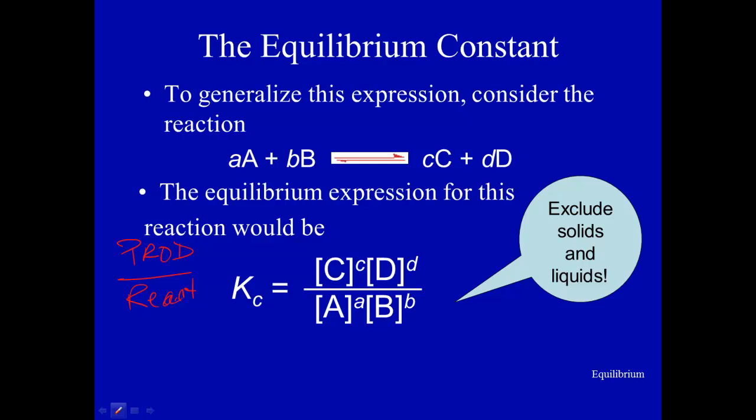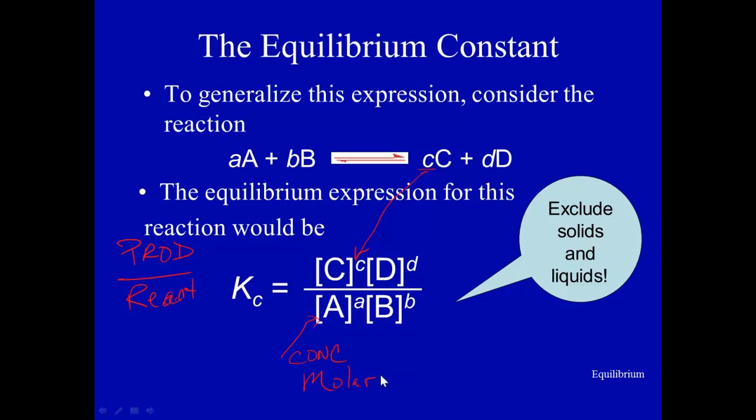In fact, it actually mathematically works out the same way, but I'm not going to get into it there. Now, notice we use the coefficients from the balanced equation, and those are our powers for our concentrations. Very important also, square brackets. Square brackets are an abbreviation for concentration, meaning molarity.